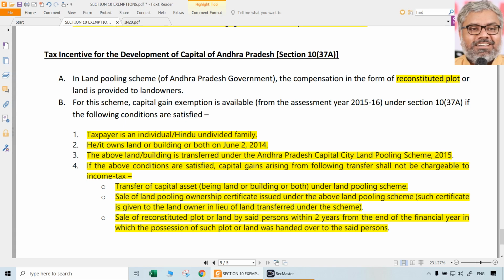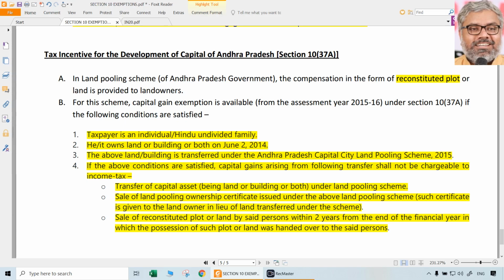Why is this 2 years mentioned? This should be given forever, no? Because there should not be any capital gain from this entire transaction to that farmer. He has given up his land and he got some piece of land in lieu of that. And you are telling that that piece of land, the reconstituted plot, he has to sell within 2 years to claim exemption. After 2 years, if he sells, that amount will be taxable. How come?